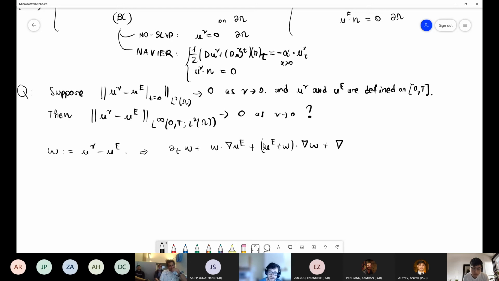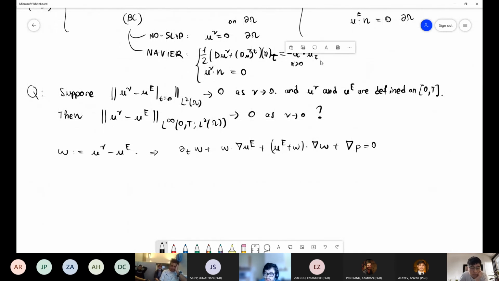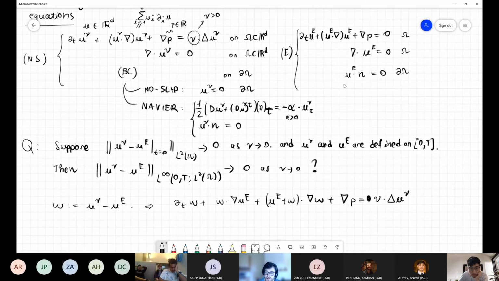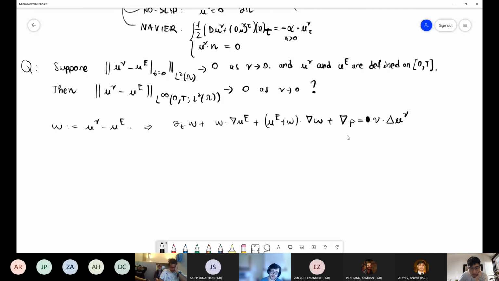I'm not going to worry about the pressure, so I will just write the gradient of P. And here we have the viscosity times the Laplacian of U nu. Of course, there is no Laplacian in the equation for UE. If we want to derive an energy estimate, we multiply both sides by W and then integrate over the domain.